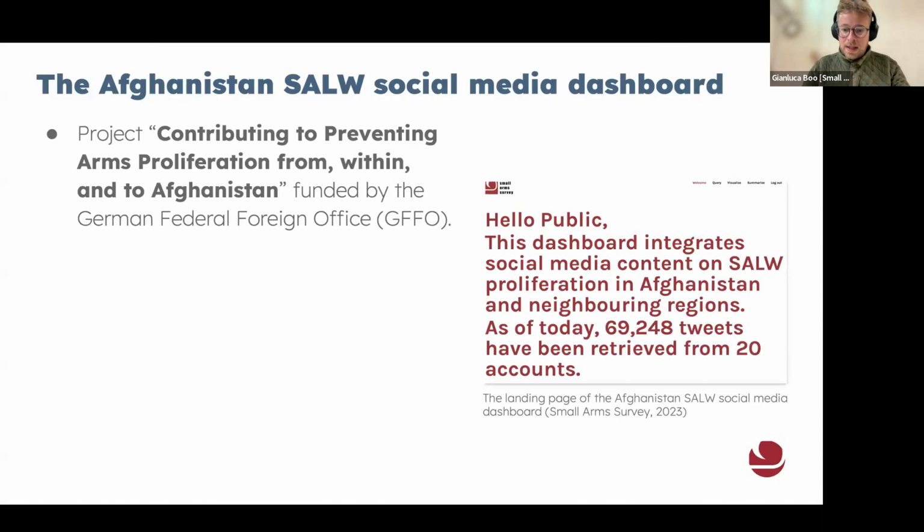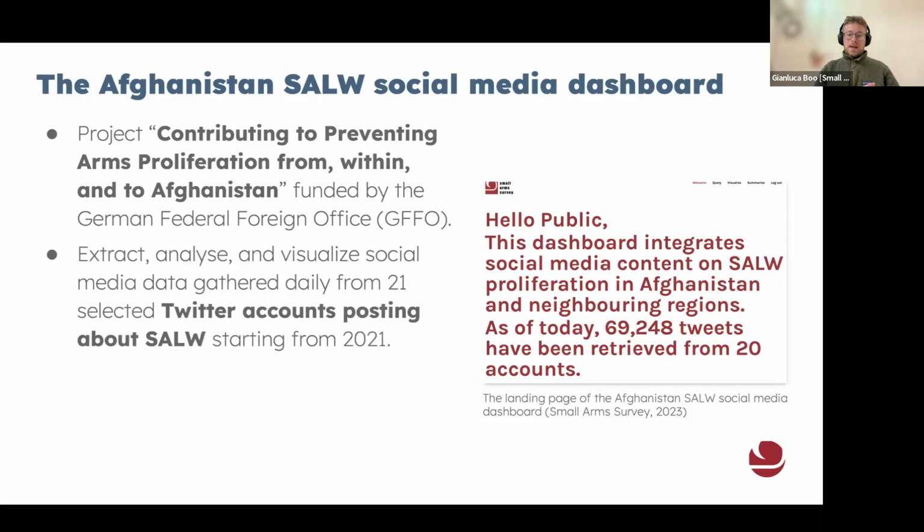Now you can see on the right the landing page of the dashboard. And what we are doing with this dashboard is extracting, analyzing, and visualizing social media data gathered daily from 21 selected Twitter accounts posting about small arms and light weapons starting from 2021. 2021 was for us the starting point. We started to collect data retrospectively, and it was important to start then because this is when the Taliban took over Afghanistan.